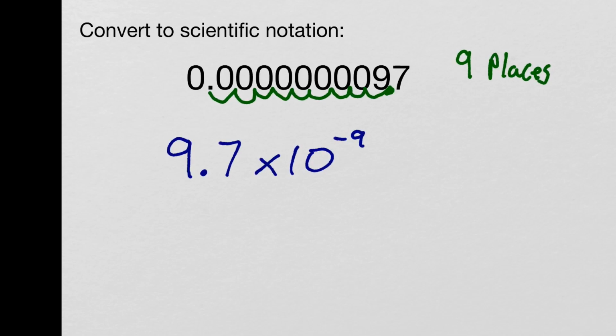We simply find where the first non-zero digit is, and we jump all the way over until we hit it. The number of times that we had to jump, in this case 9 times, becomes our negative exponent. And if you needed to convert it back, you would just hop 9 places over that way, and you'd be back to where you started.